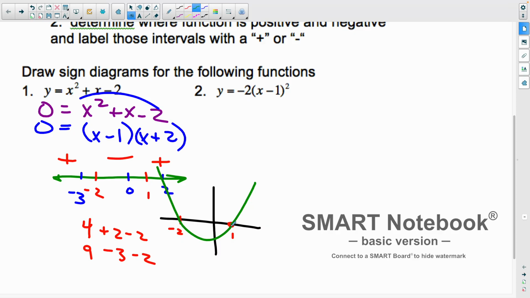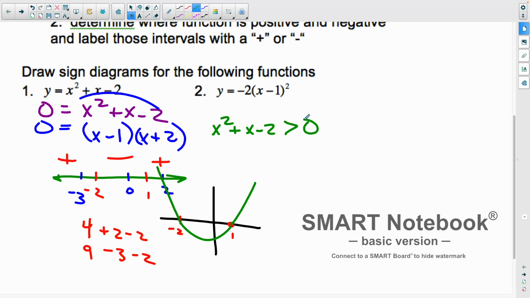Now, the other application for this. What if I had this problem right here? We've got a quadratic inequality. Where is this parabola greater than 0? We could do the same thing that we just did. We found the roots and put them on our number line.